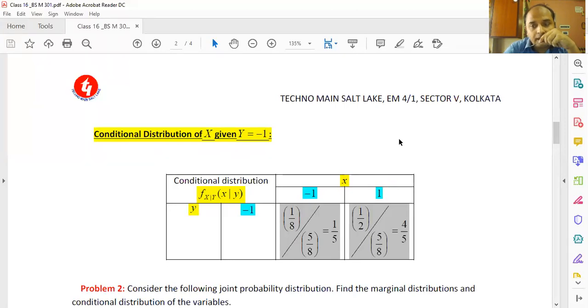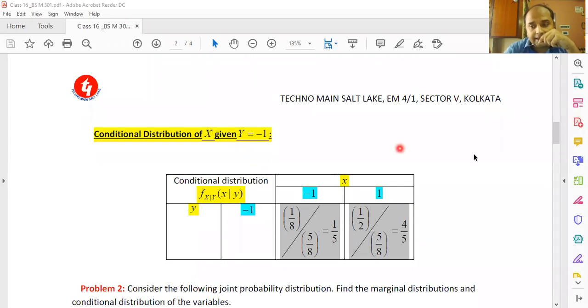And since we are going to find the conditional distribution of X given capital Y equals -1, although Y has three possible values, -1, 0, 1, I have only retained Y equals -1 here. I don't have to show the others because they are not needed according to the problem.